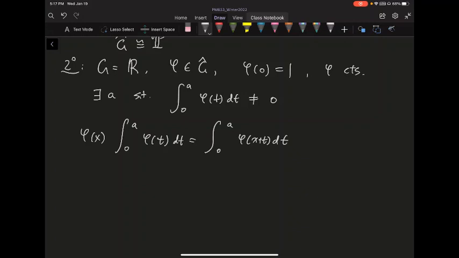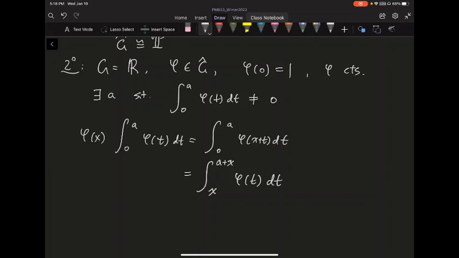Because we're doing it on the real line, this is just a translation: you replace t by x plus t. So the lower bound now becomes 0 plus x, so you start with x, and the upper bound becomes a plus x.